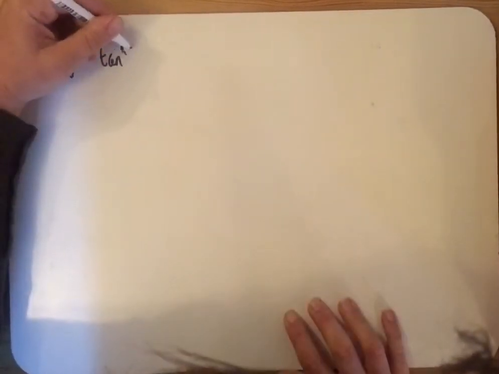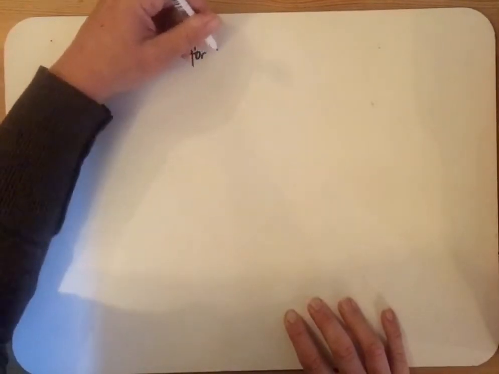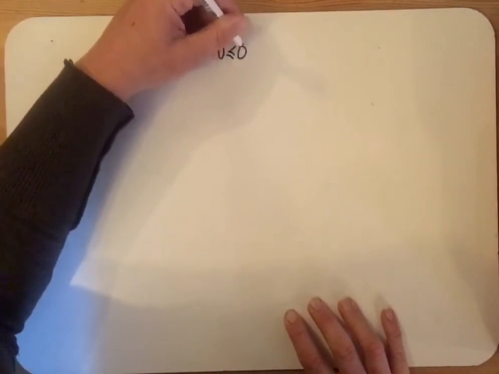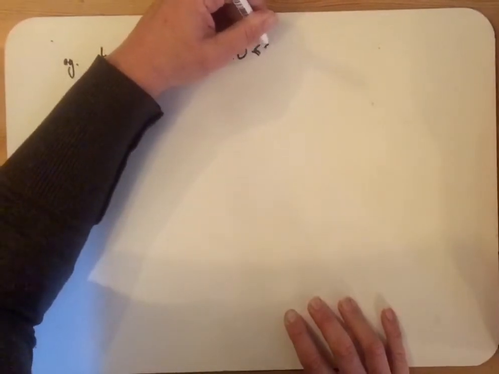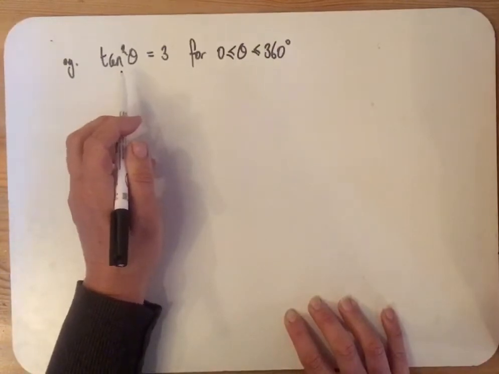So e.g. tan squared theta equals 3, for 0 less than or equal to theta, less than or equal to 360 degrees. So this one is fine, you can solve it straight away, you don't have to convert.